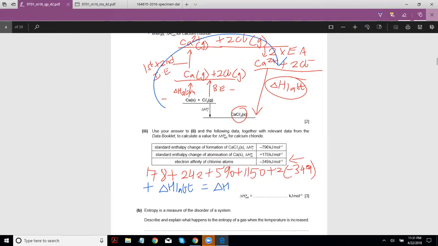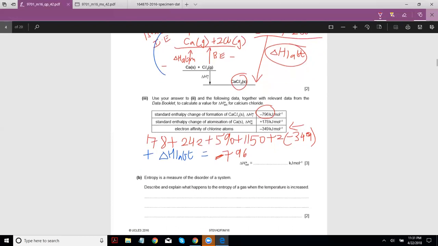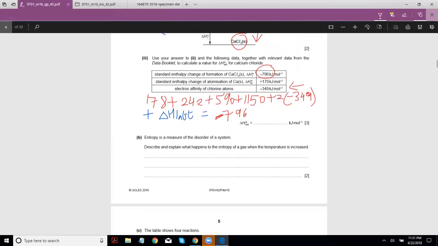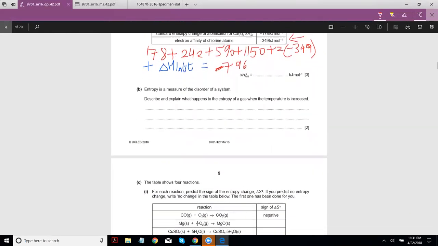Enthalpy change of formation is given to us, I believe. It is given as minus 796. So basically now you just add it and make the enthalpy change of lattice the subject, and you will get the answer.